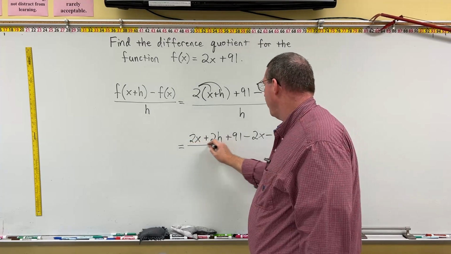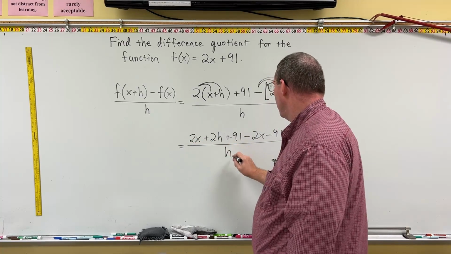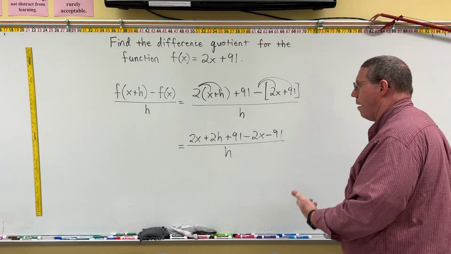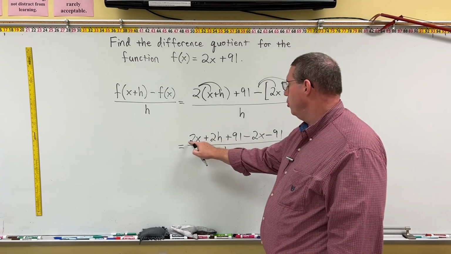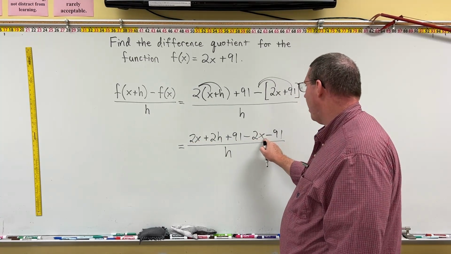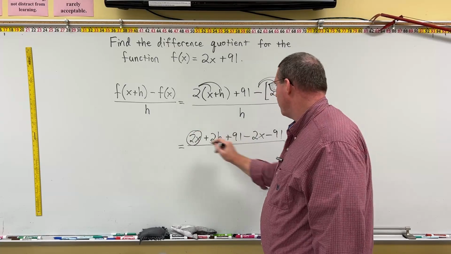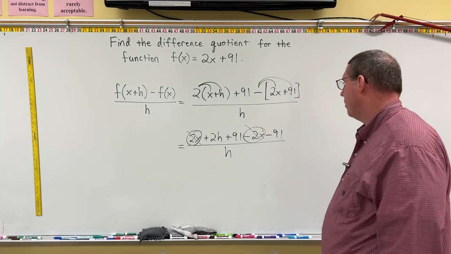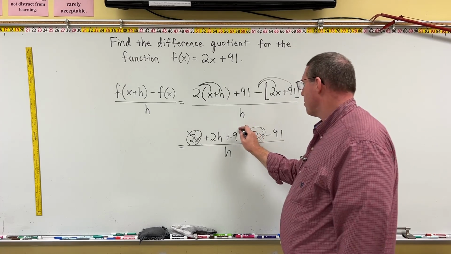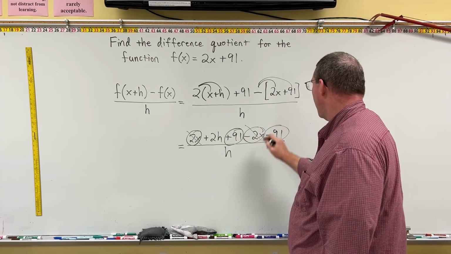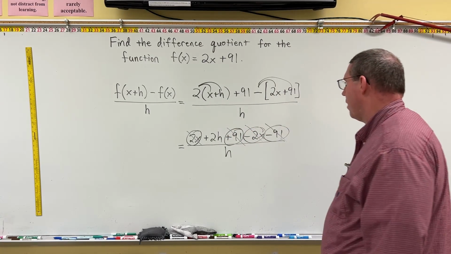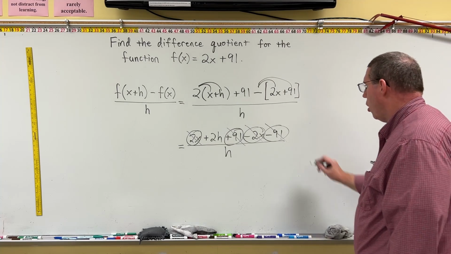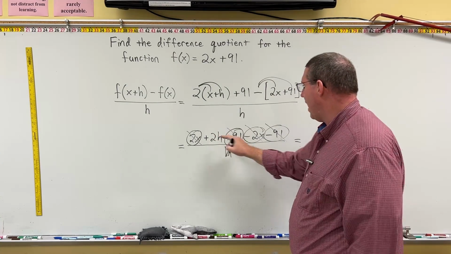And then this whole thing is over h. Well, watch this. Now we're going to combine like terms. We have 2x minus 2x. Well, that becomes 0. So the 2x and the minus 2x cancel each other out. Then we have plus 91 and minus 91, and they cancel each other out. They become 0.